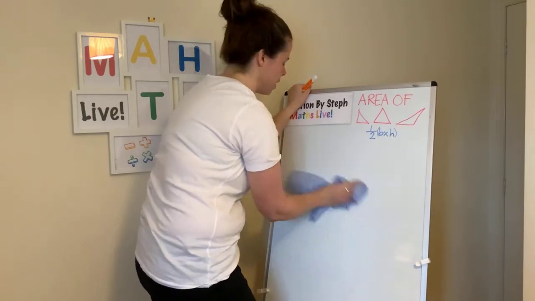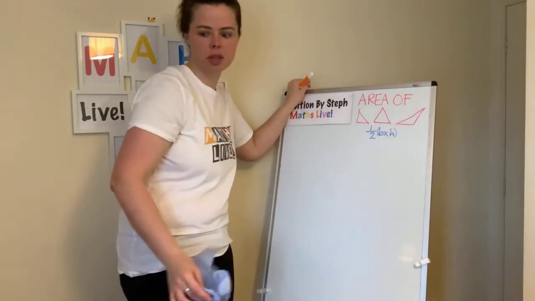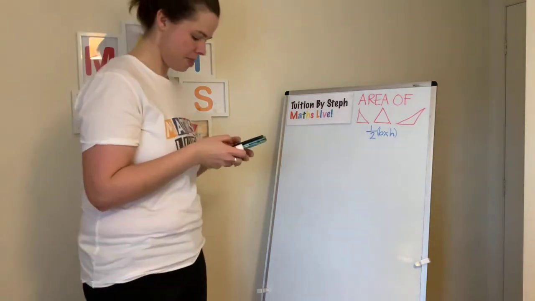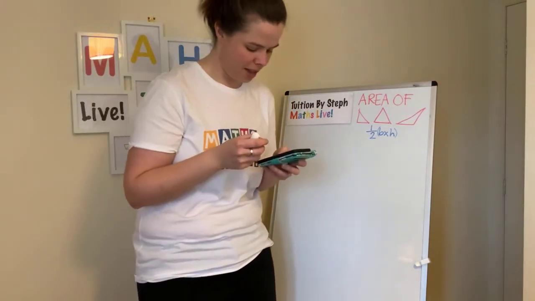What is the name of that triangle? Anybody know? Tell me, what is the name of that triangle? Well done. Who can tell me first? What is the name of that triangle? I'm waiting.